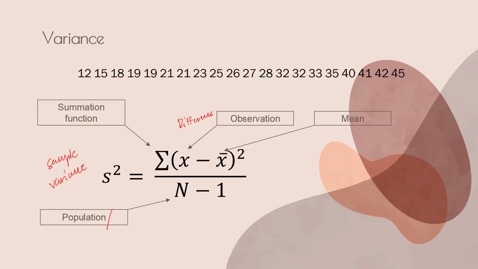So population can be replaced with sample size, or small letter n, minus 1. Okay. Now, using the dataset shown here, let's try to compute for the variance.